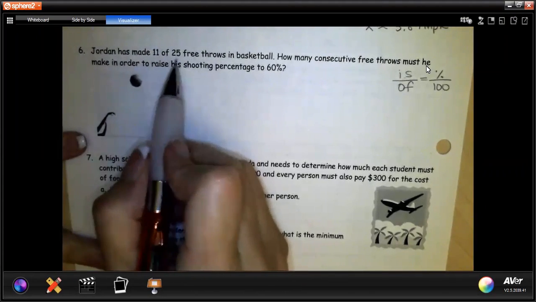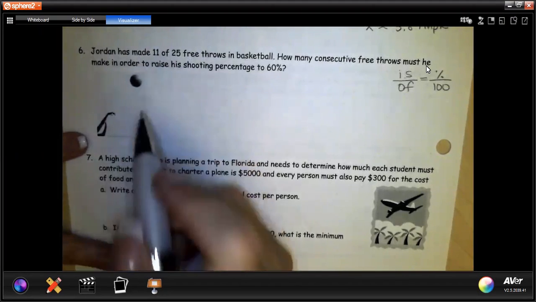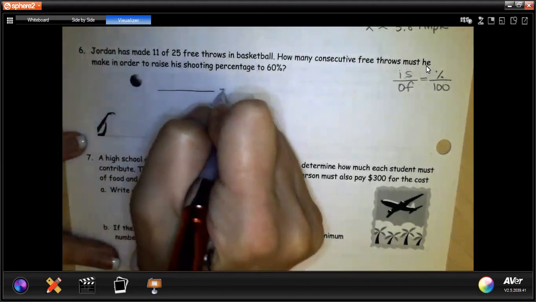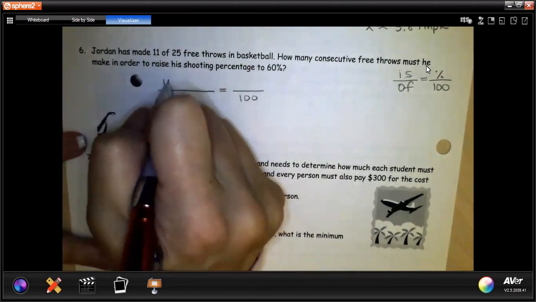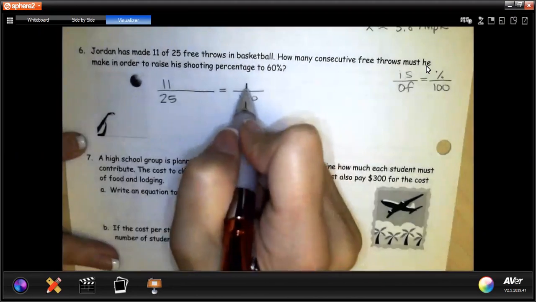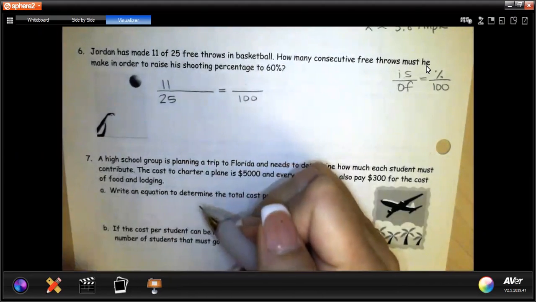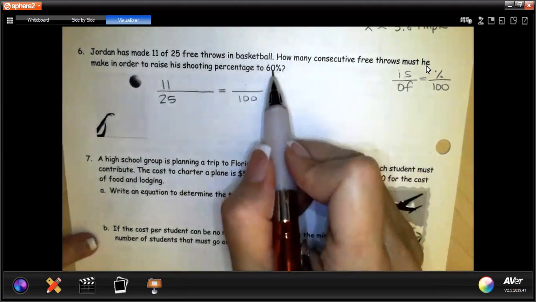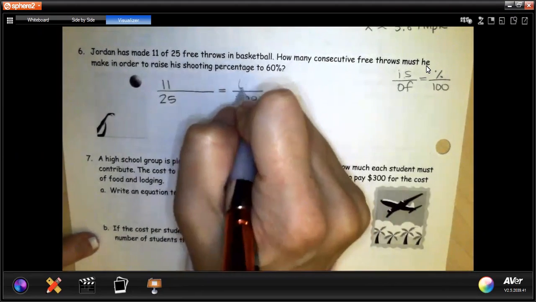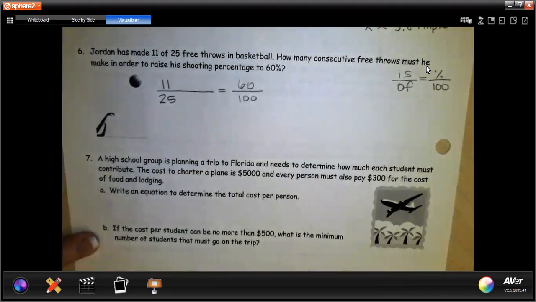Now, it doesn't say we are looking for his current percentage, but if we were, it would be 11 out of the 25 is equal to this percentage over 100. But he says he's going to make more free throws to get it up to 60%. So the percentage that we want is 60 over 100.